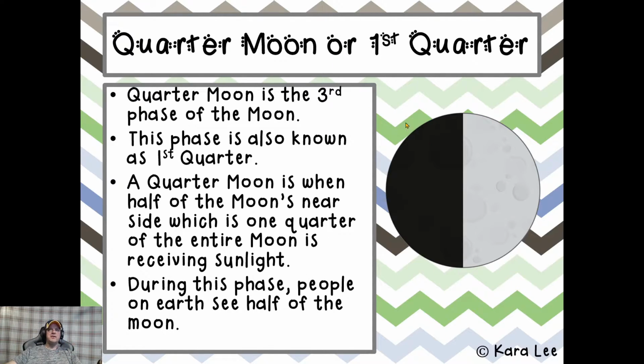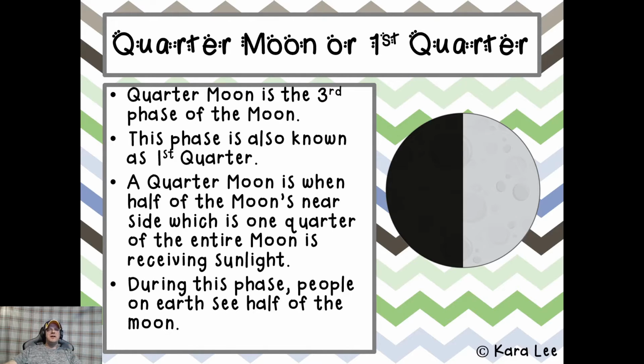The quarter moon, or the first quarter, is the third phase of the moon. This phase is also known as first quarter. A quarter moon is when half of the moon's near side, which is 1/4 of the entire moon, is receiving sunlight.